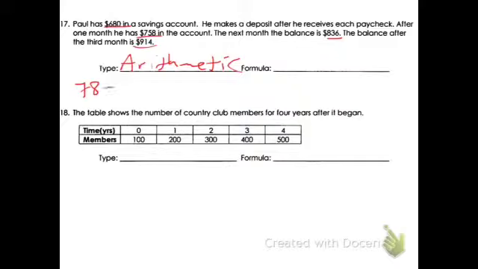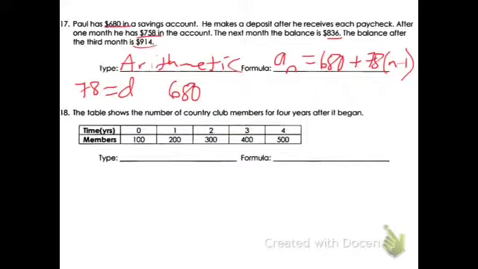So this is going to be our common difference, and the initial value is 680. So the formula is going to be a sub n equals initial value 680 plus 78 times n minus 1. And that's going to be the formula for that.